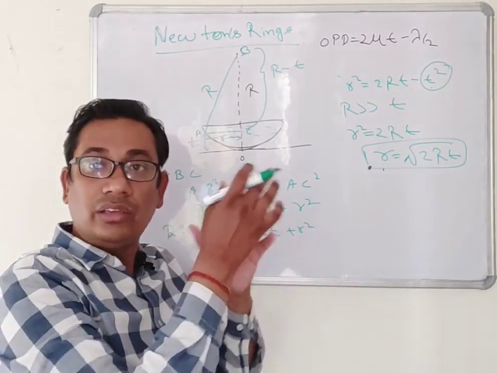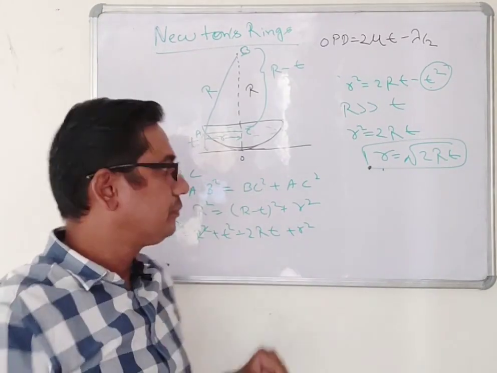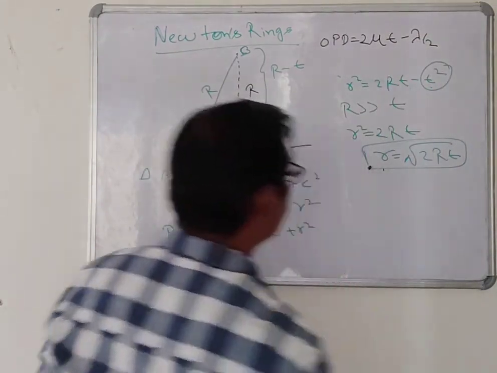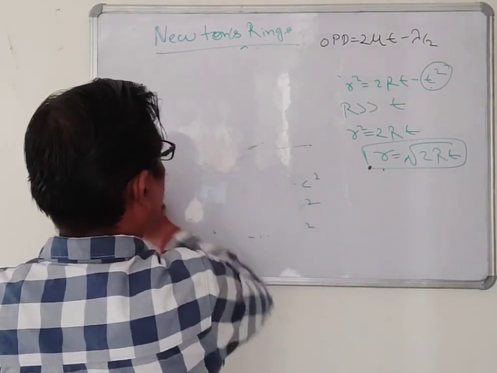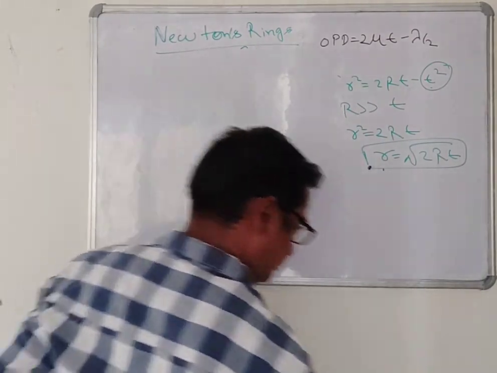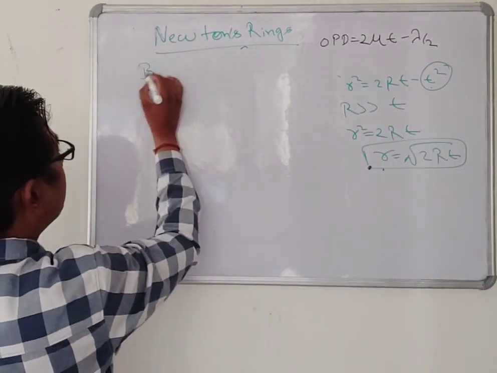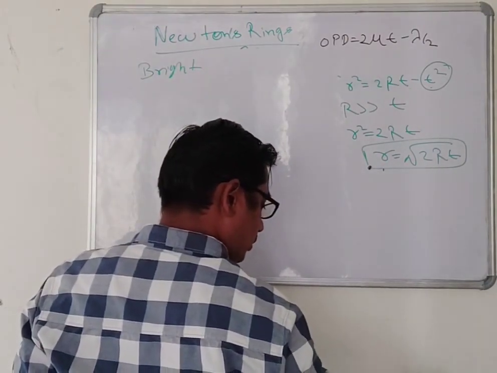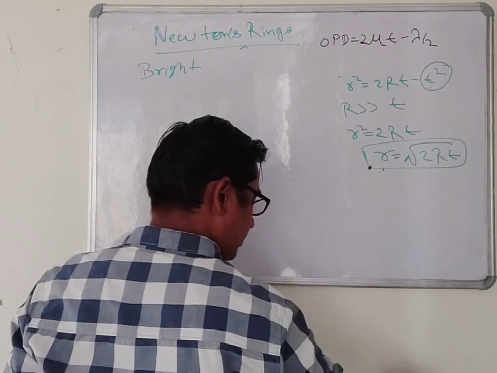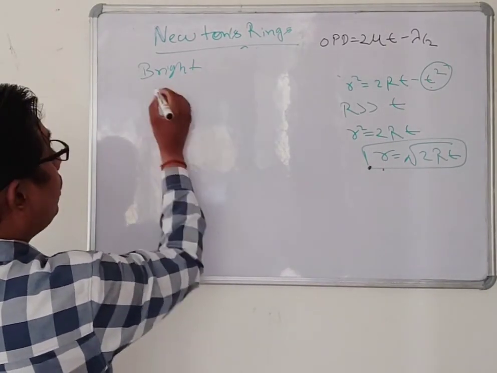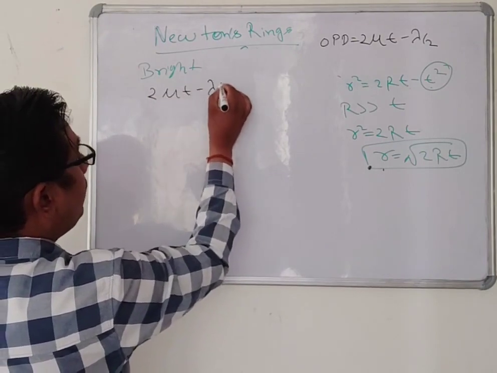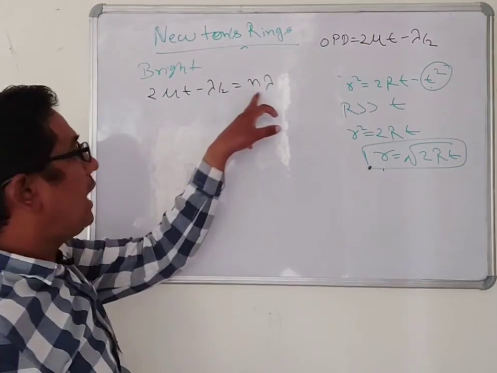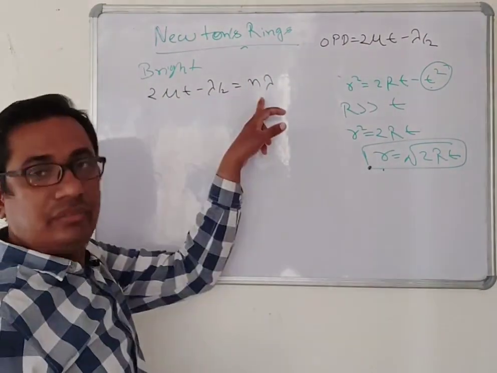So what is the radius of the dark and bright fringes? You know the path difference. The condition for bright: 2 mu T minus lambda by 2 is equal to n lambda. When the optical path difference is equal to n lambda, it is a consecutive difference.